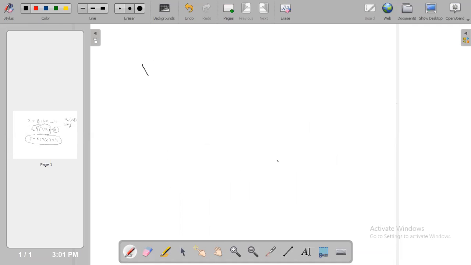Okay, so this is the y variable, and then you have this beta naught plus beta 1 x plus ui.